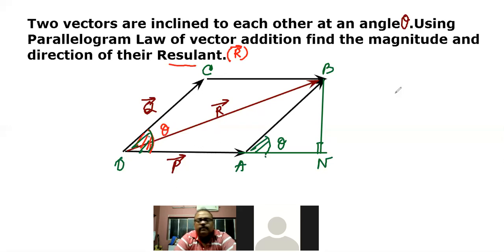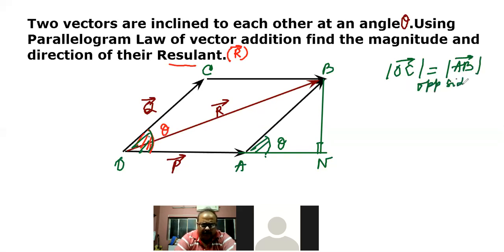Now another very important thing: the magnitude of OC will be equal to the magnitude of AB. Why? Because these are the opposite sides of the parallelogram.